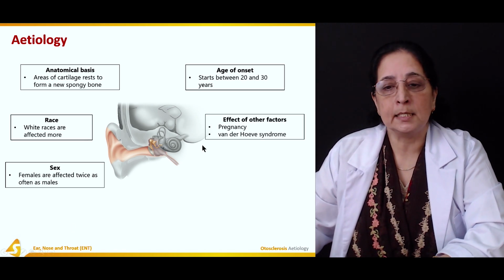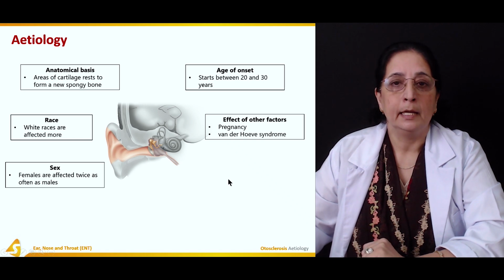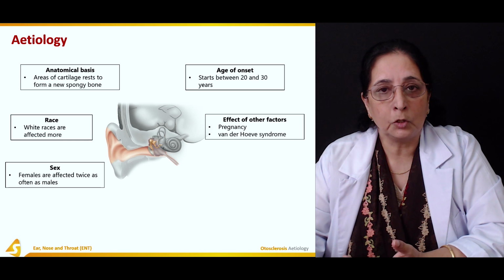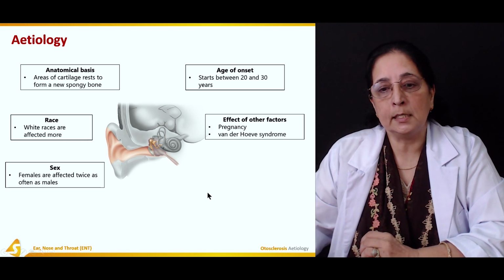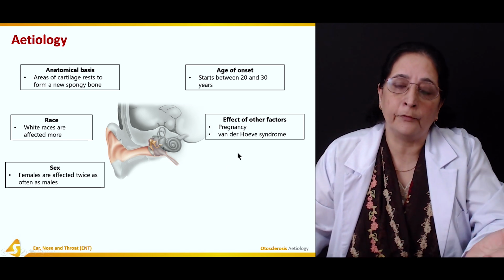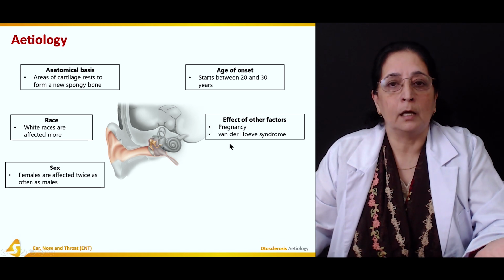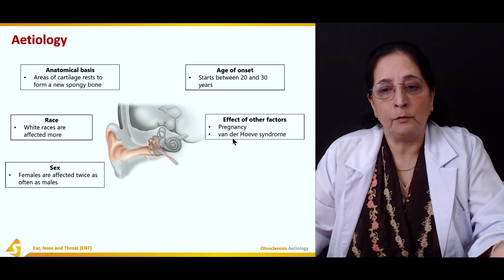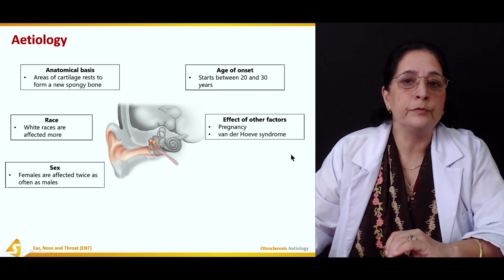Then other factors: pregnancy can lead to an increased incidence of otosclerosis, and there is another syndrome in which one of the features is otosclerosis besides other bony involvement. This is known as Van der Hoeve syndrome.